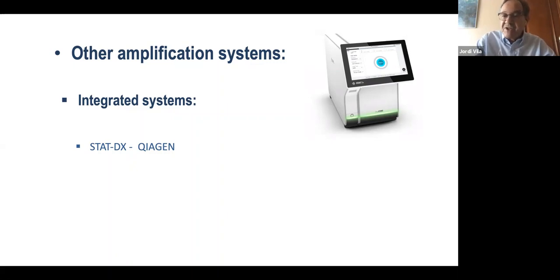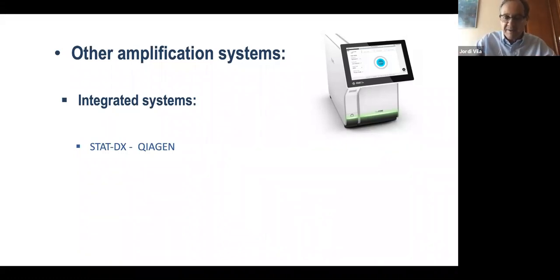It has advantages and disadvantages. The main advantage is that in 1 hour you can have the result. The main disadvantage is that you process the samples one by one, so you cannot process 50 or 100 samples at the same time.